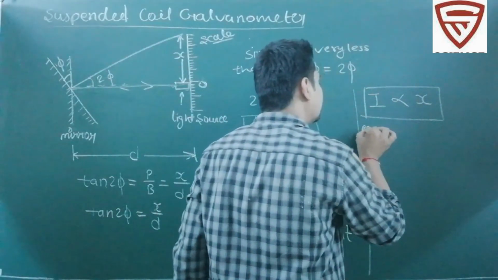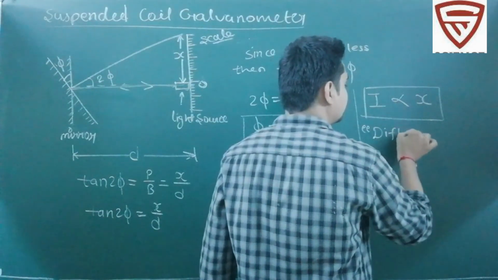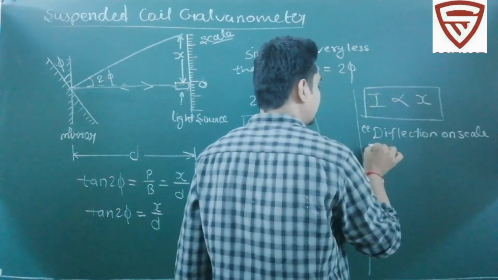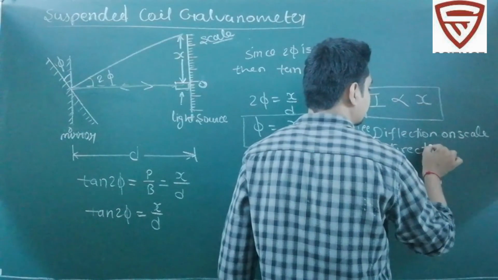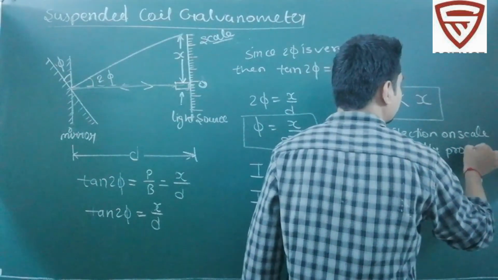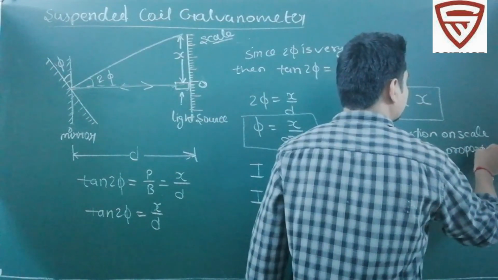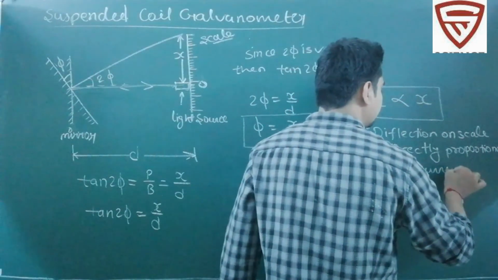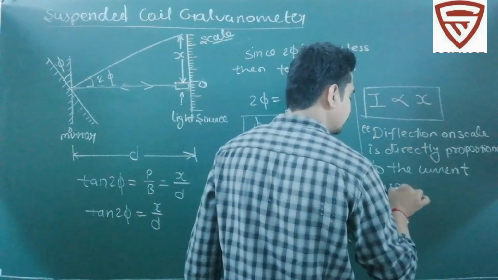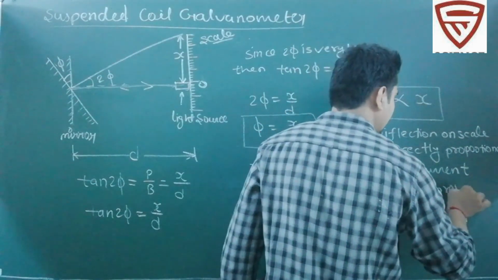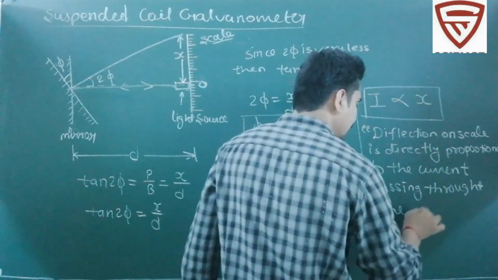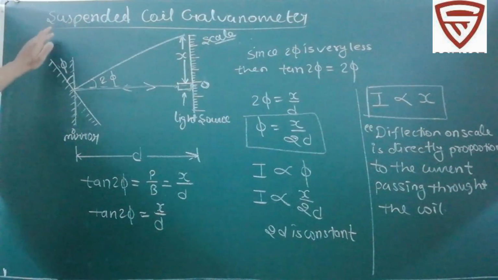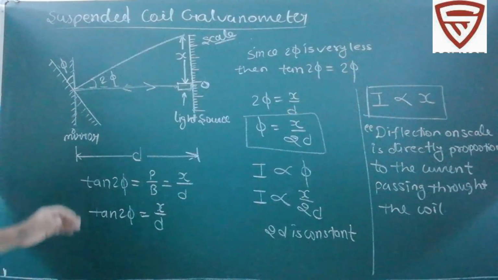So we can write down that the deflection on the scale is directly proportional to the current passing through the coil.